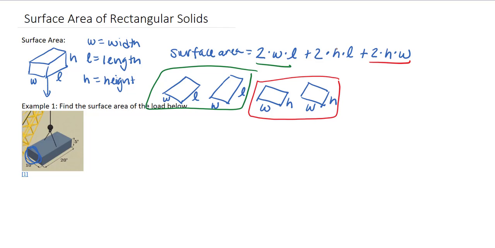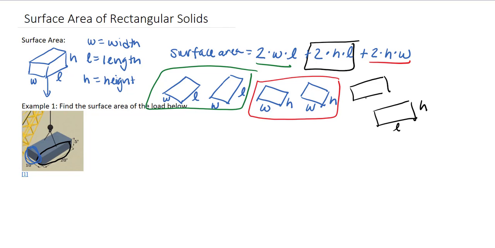And then lastly, for the height times the length, we have it right here, on this side. So these sides right here, you have the height, and then we also have the length. So that's where we get these 6 sides.